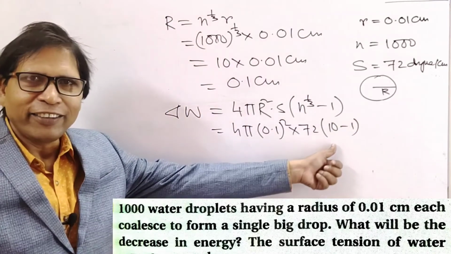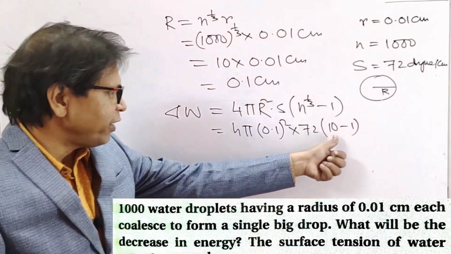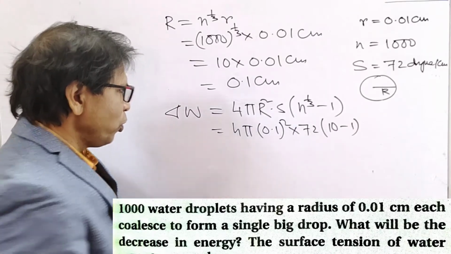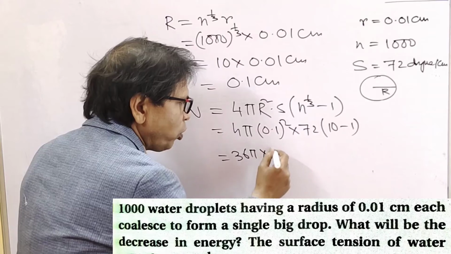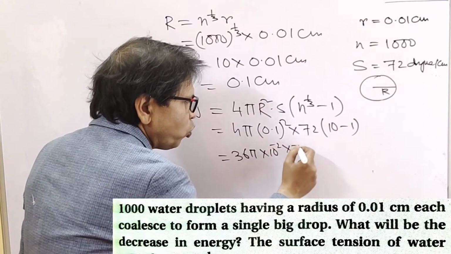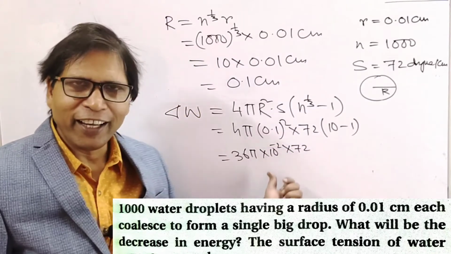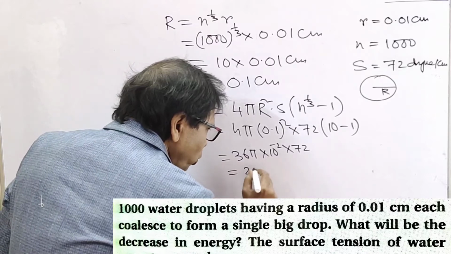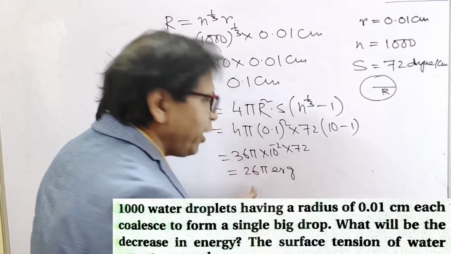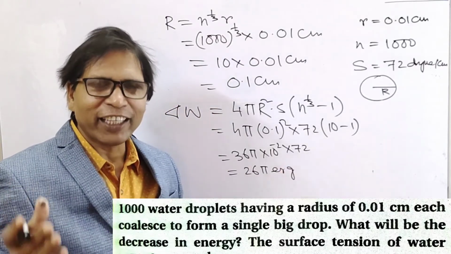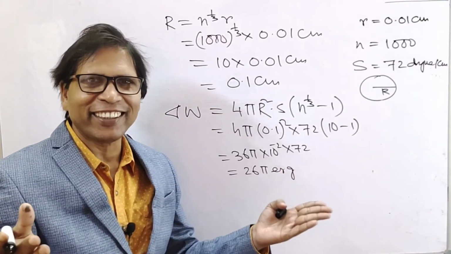Okay, understood? Now this is 9 into 4, so this is 36π into 10^−2 into 72. This is almost 26π erg, the energy released or decrease of surface energy.